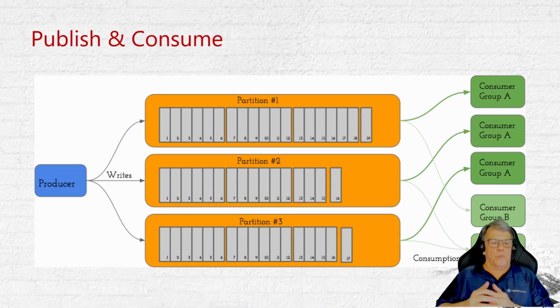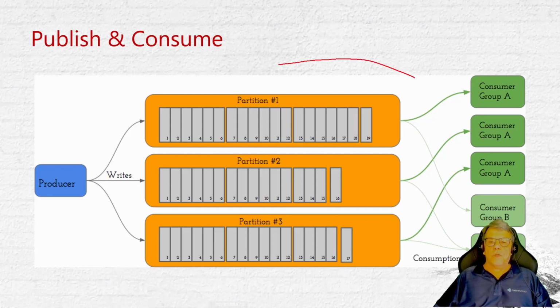So how are we publishing and consuming here? On the left-hand side we have a producer, which is an application using a Kafka client. Most applications are using the Confluent client libraries, but there are also other libraries out there. You have libraries for most of the popular languages: Java, obviously, as Kafka is written in Java, C#, Python, Go, what have you. The publisher now writes to the topic.